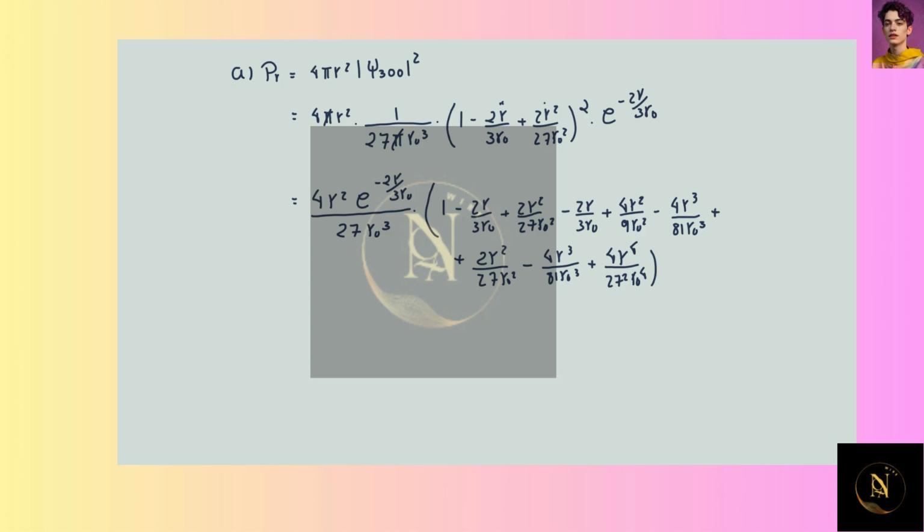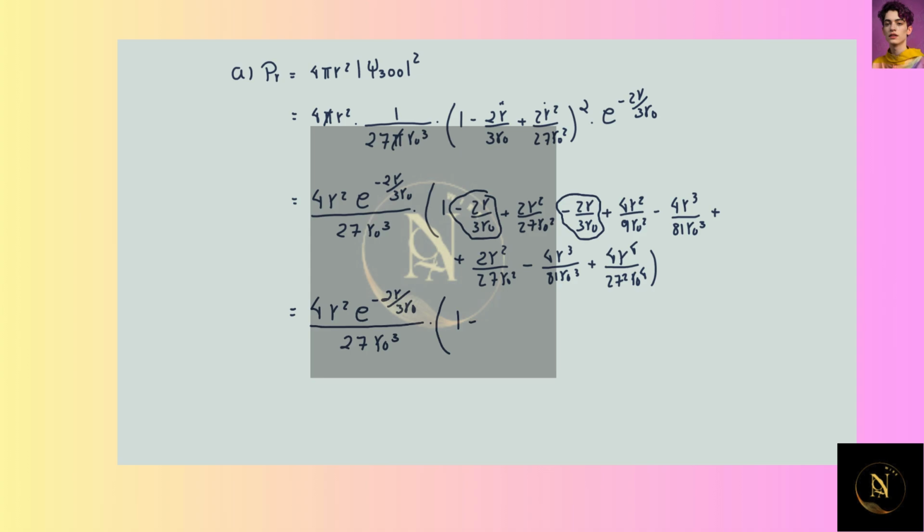Now we can simplify this equation a bit to get 4r squared e to the minus 2r divided by 3 r0 divided by 27 r0 to the third times 1. So we have this term, which is minus 2r divided by 3 r0, this term again, and that's it.